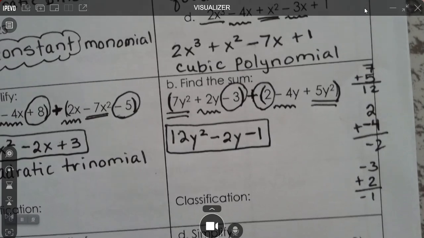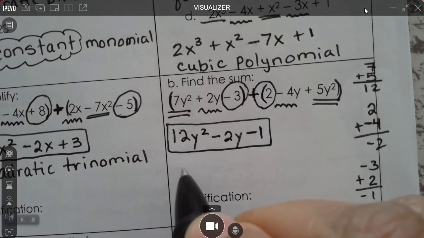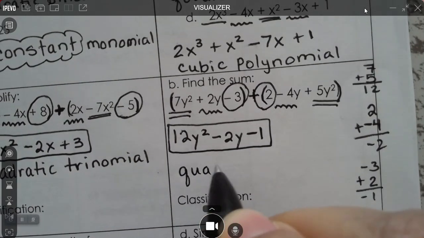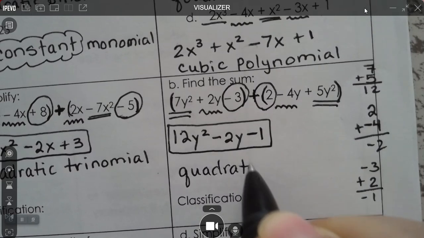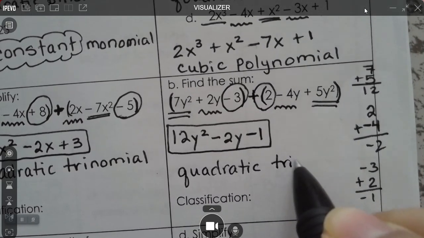Okay, first name, quadratic because y squared is the highest exponent. Trinomial because we have 3 terms.